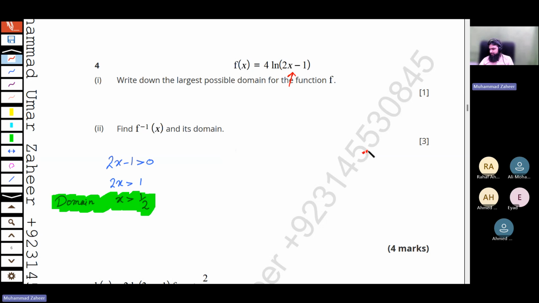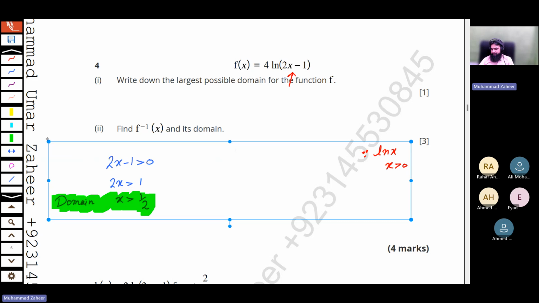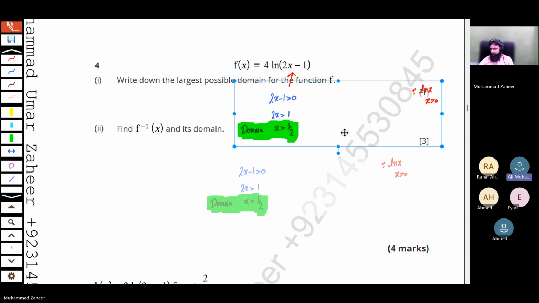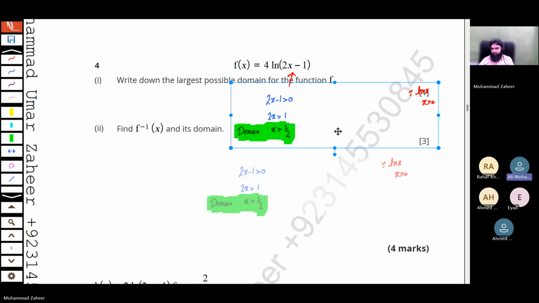Any questions? Is it clear? All right. The question says write down the largest possible domain, not the smallest.